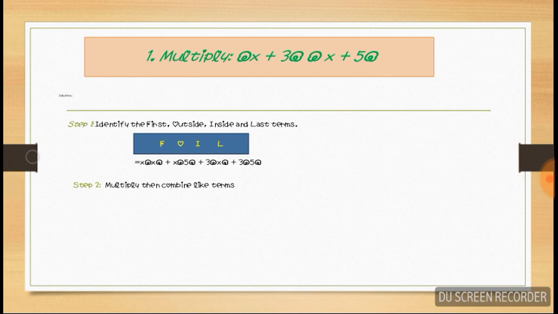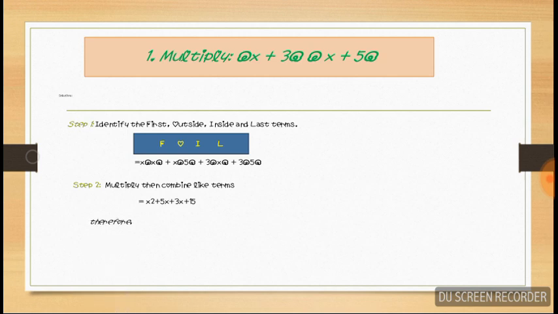Then step 2, multiply and combine like terms. So x times x is x squared, 5 times x is 5x, 3 times x is 3x, and 3 times 5 is 15.